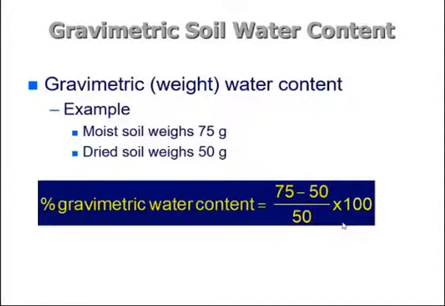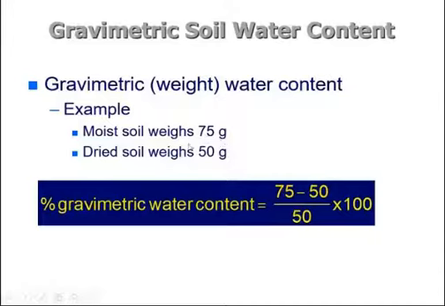Let's take an example on the application of gravimetric and volumetric moisture content, and let's start with the gravimetric moisture content. Assume that you take a soil sample and its weight is about 75 grams before putting it in the oven.